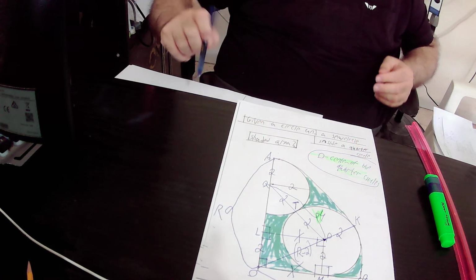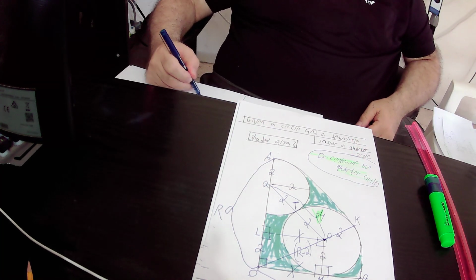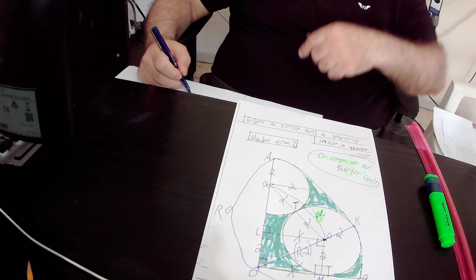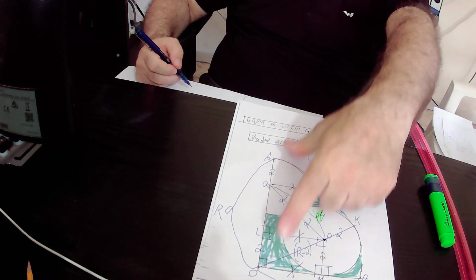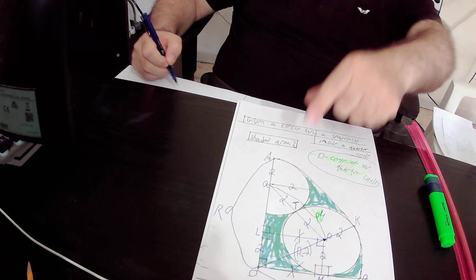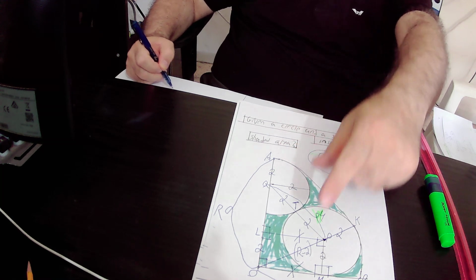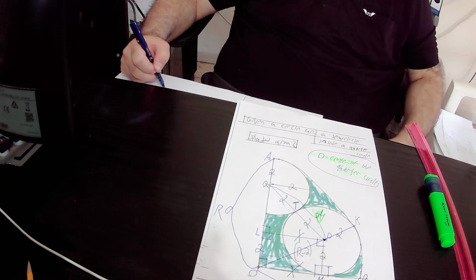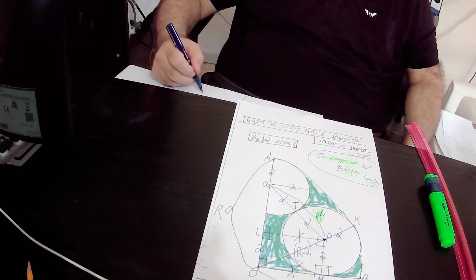So I write it down. QL equals AO minus AQ minus LO. It is very easy to see it from the drawing.